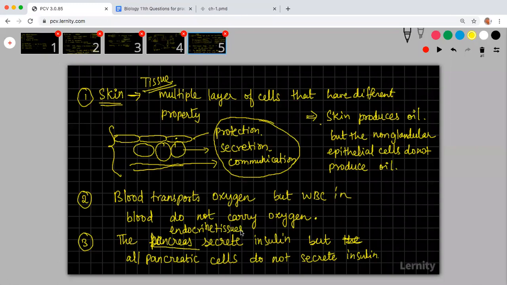The endocrine tissue is called the islets of Langerhans, which comprise multiple cells: alpha, beta, delta, gamma. The beta cells only will produce insulin.